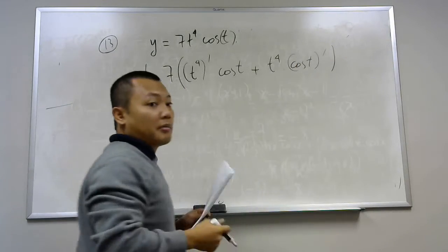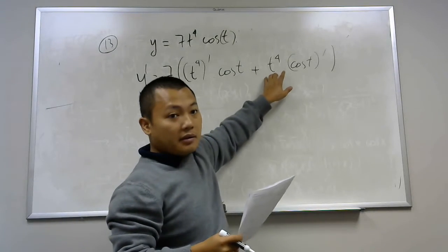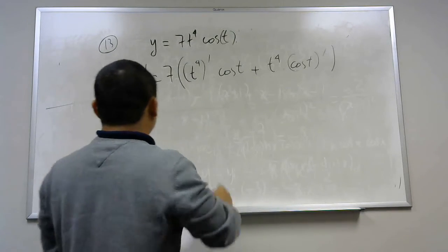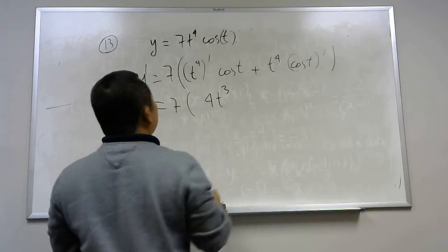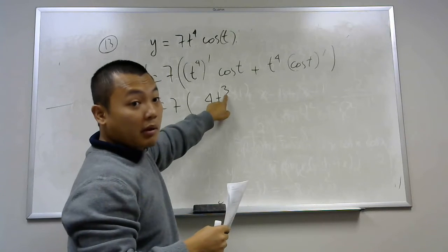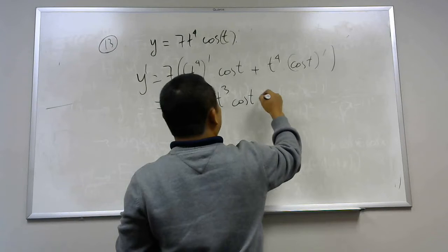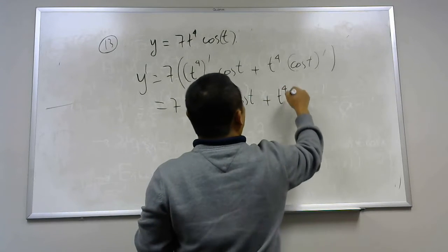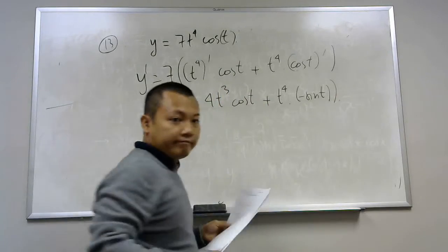That is the product rule: derivative of the first times the second plus the first times the derivative of the second. That is 7 times. Here we use the power rule: the derivative of t to the 4, bring the power down, reduce the power by 1. Times cosine of t, plus t to the 4 times the derivative of cosine, which is negative sine. Done.